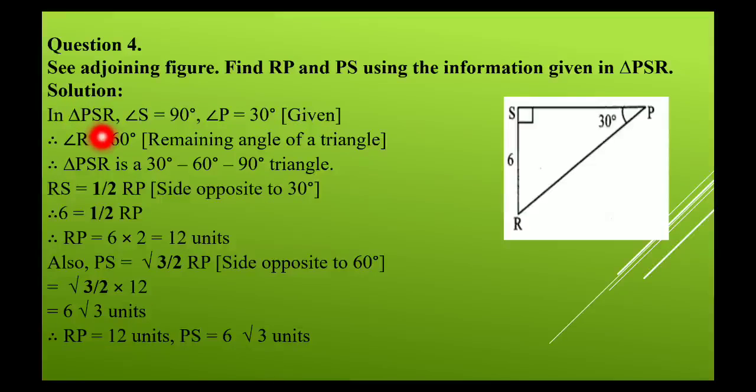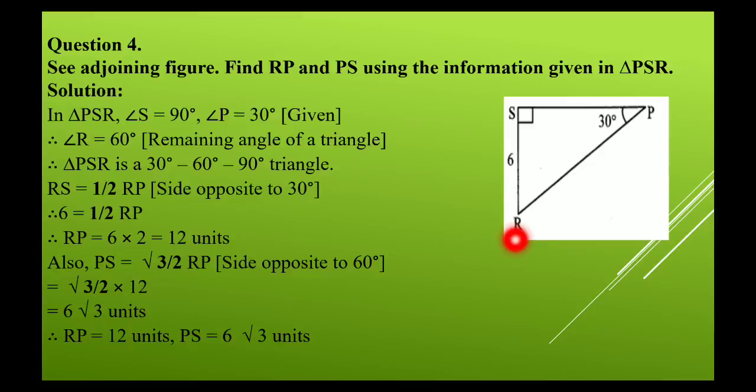In triangle PSR, angle S is equal to 90 degrees, angle P is 30 degrees, angle R is equal to 60 degrees, the remaining angle of a triangle. Therefore, triangle PSR is a 30, 60, 90 triangle.